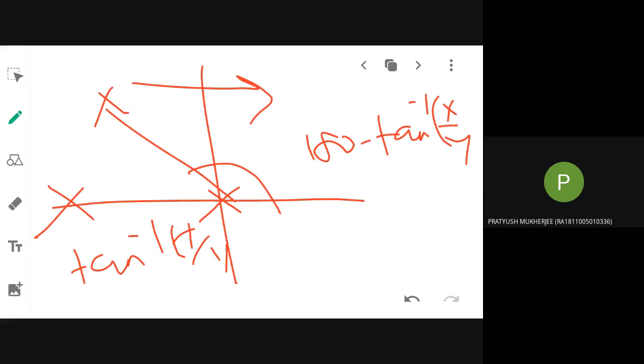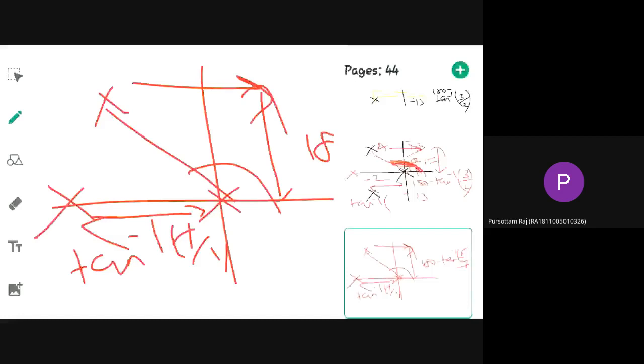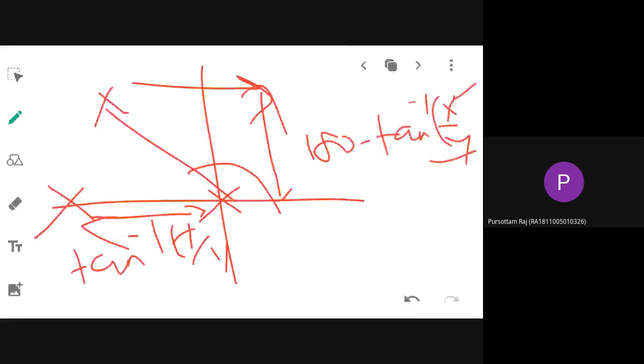Anyway, this problem requires a compass. x is the vertical distance, and this distance is your horizontal; you substitute x and y. One more problem I will solve with poles on the other side, and at that time you will understand.